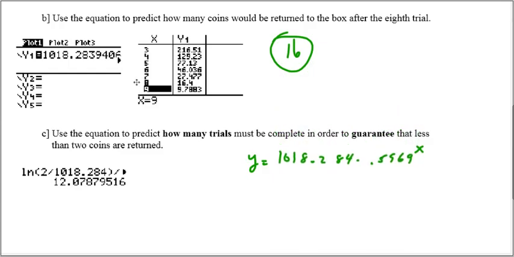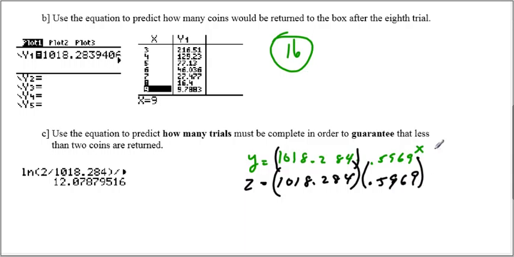Alright, so now how are we getting the log? Alright, so the first thing that we want to talk about is that this is times. Now, if I want to get 2 trials, that means the y value has to be 2. So it's really 2 is equal to 1018.284 times the 0.5969 to the x.